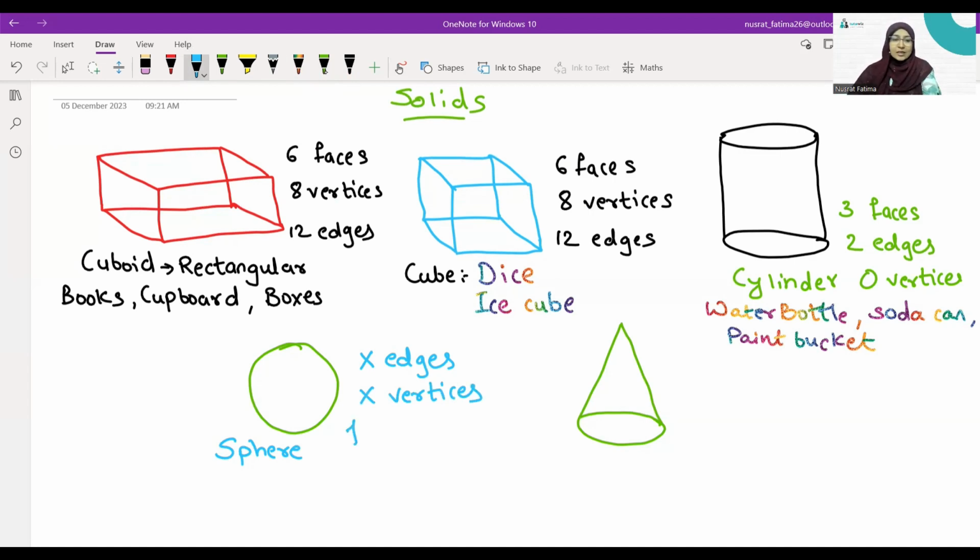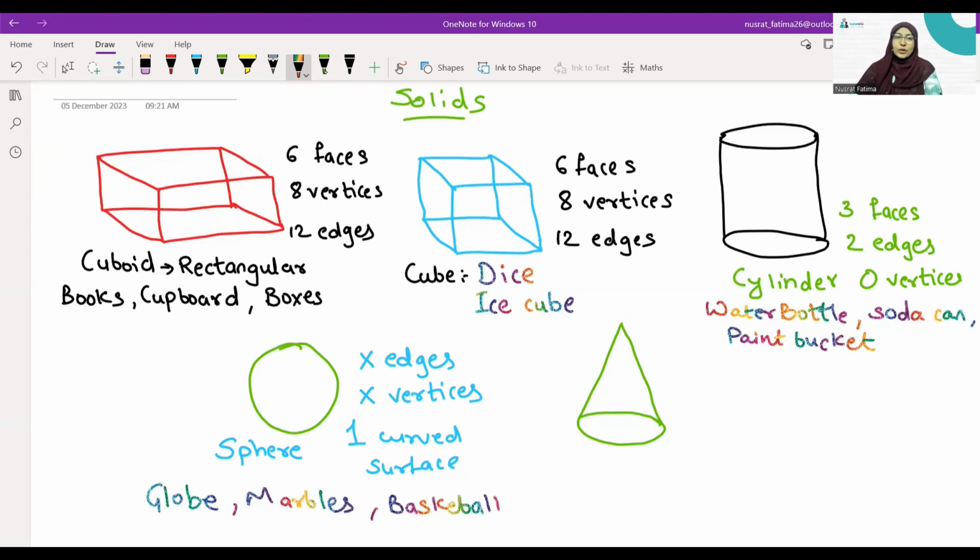It only has one curved surface. And look around you, you'll find out many objects that are circular again, which are in a shape of a sphere. You see the globe is circular. You play with marbles, they are also in the form of a sphere. The basketball that you play is also in shape of a sphere.